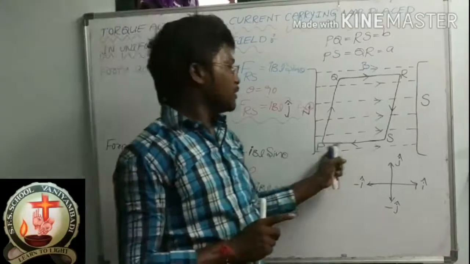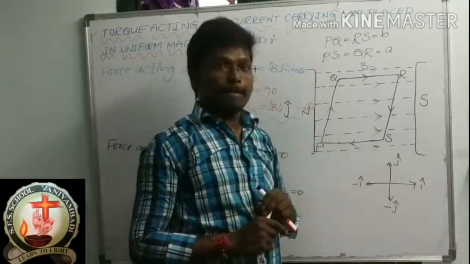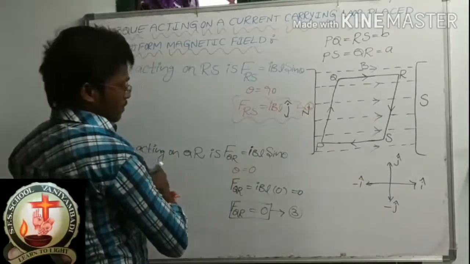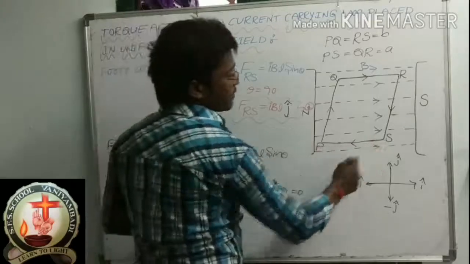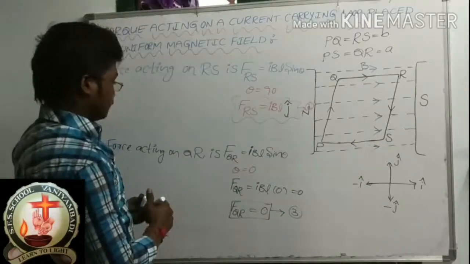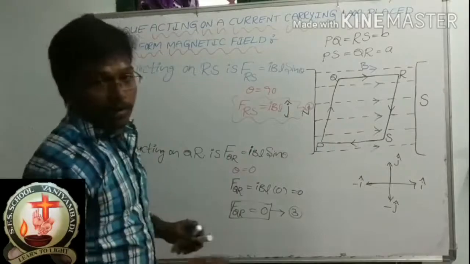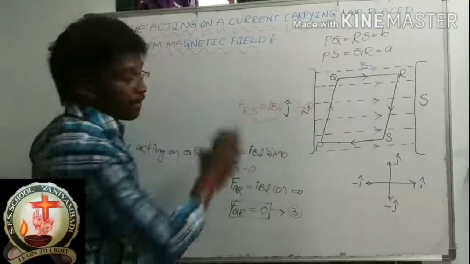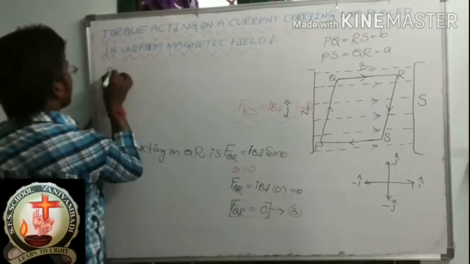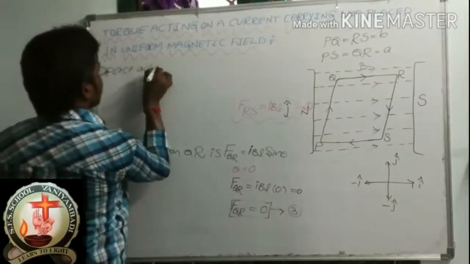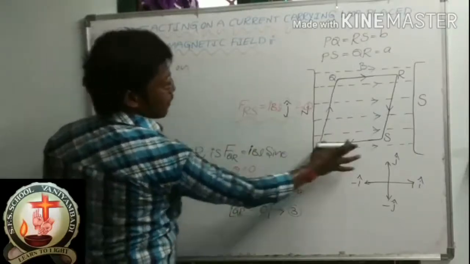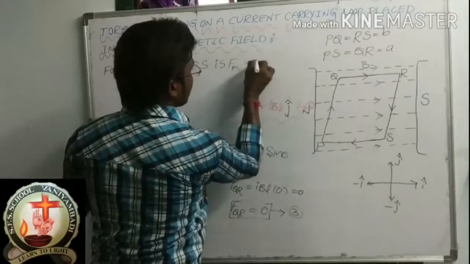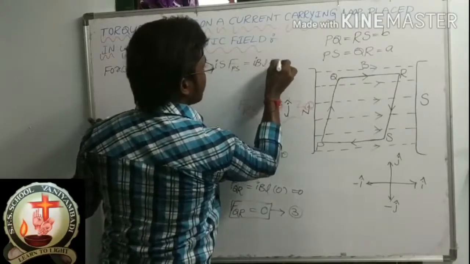Then the last one is how much force is acting on PS. We have to find. Same procedure only. So force acting on QR is finished. Now force acting on PS we have to find. Okay, I will erase this. F PS is equal to I B L sin theta.